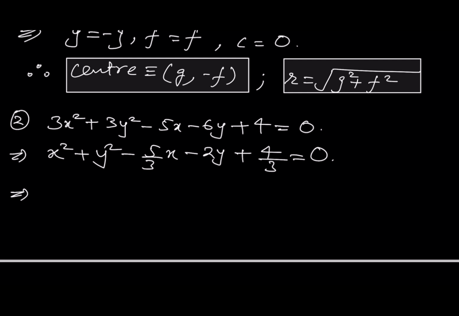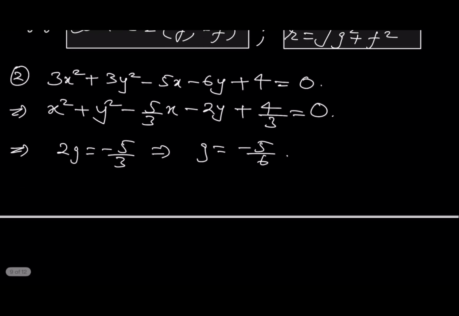Now g is, in fact 2g is minus 5 by 3. So g will become minus 5 by 6, right? Because coefficient of x is 2g. And 2f is minus 2, so f is minus 1, right?